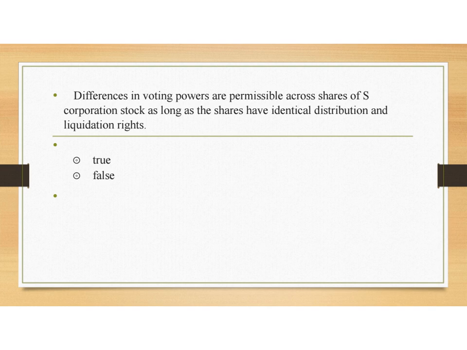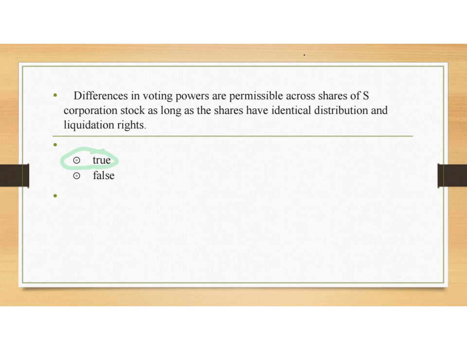Differences in voting powers are permissible across shares of S corporation stock as long as the shares have identical distribution and liquidation rights. This is true. Remember that in order for you to have an S corporation, you can only have one class of stock, and differences in voting powers are not a different class of stock.